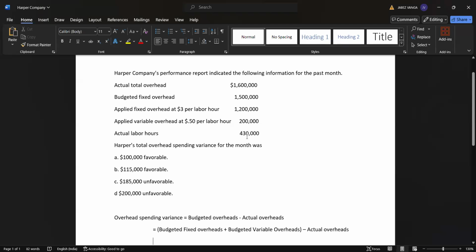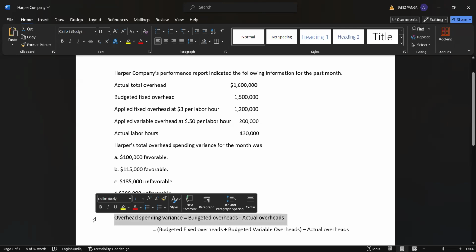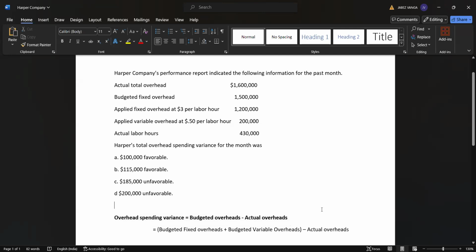So we have the data given here, and the formula for the overhead spending variance is the difference between the budgeted overheads and the actual overheads.